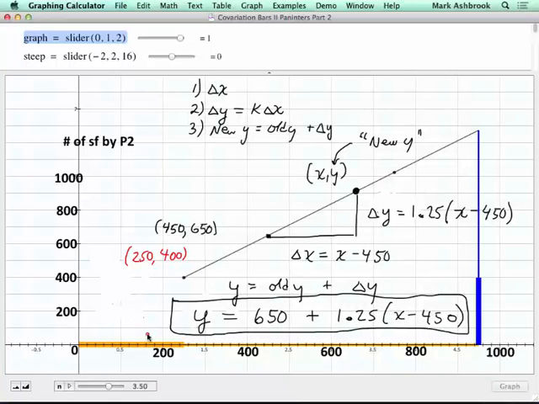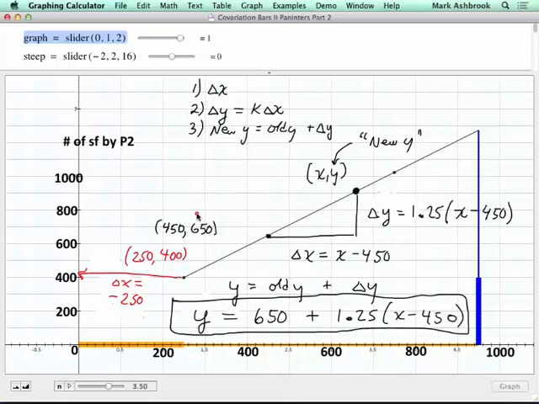Let's figure out what's happening when painter 1 starts. When painter 1 is at 0, what's our change in x? We're starting at 250. Now we're going back to where he painted none. What change in x is that? Negative 250.